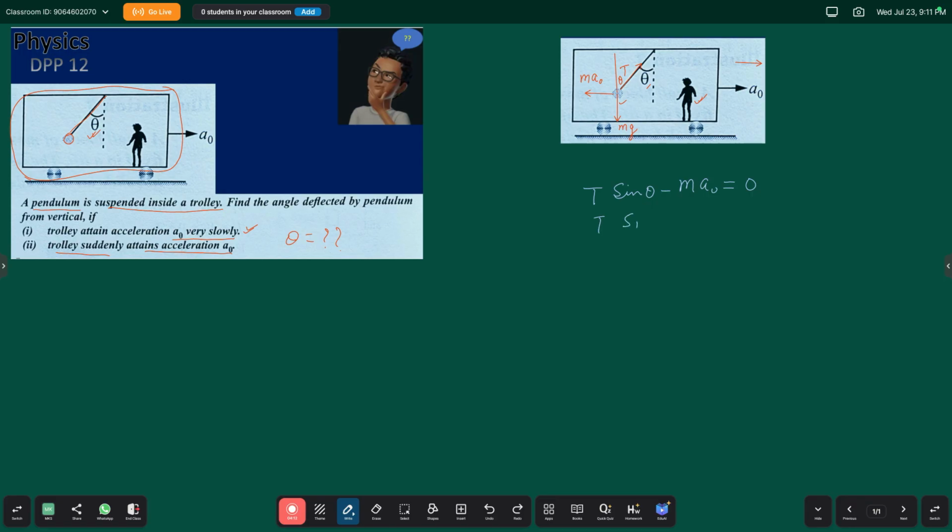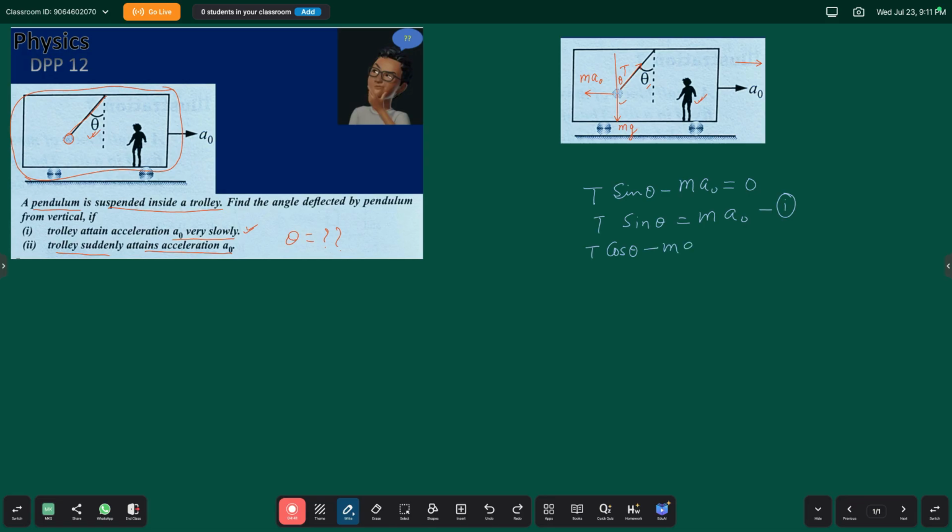So your T sine theta will be m a naught. This is your equation 1. Second, in the vertical direction, the component of force for T will be T cos theta.